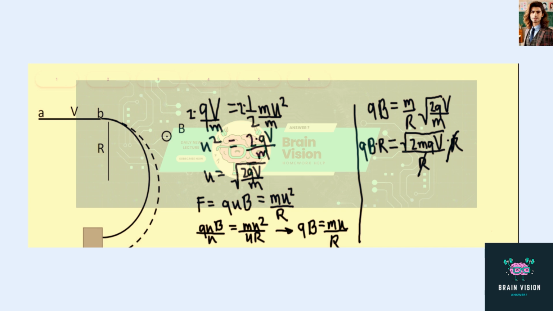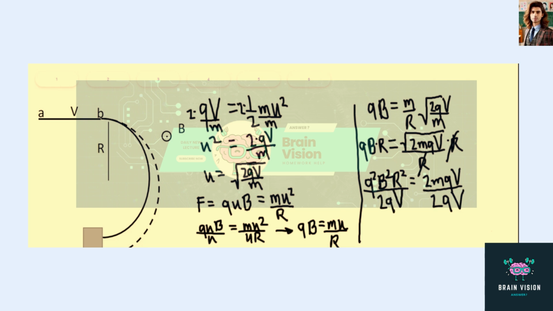Now we can square both sides of this equation to get q squared B squared r squared is equal to 2mqV. And now we can divide both sides by the charge. For that matter, we can really divide both sides of this equation by 2 times the charge times the potential difference.